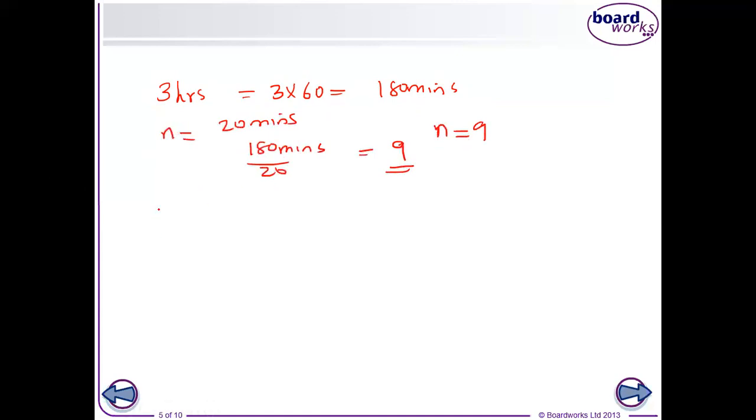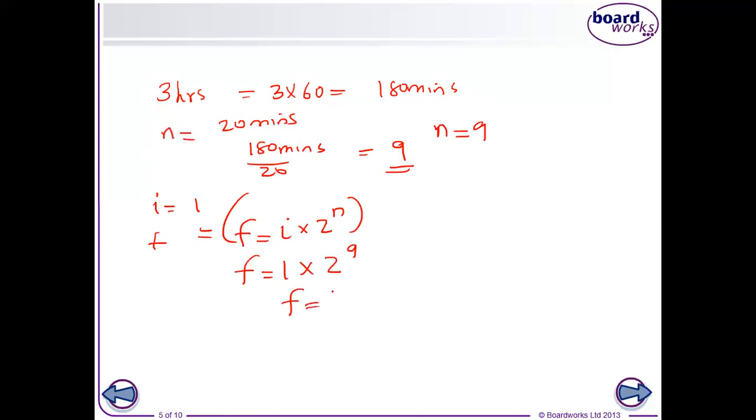So since we've got n to be 9 and I is still 1, then we're looking for F. The same equation. F, which is the final number of the bacterium, is I times 2 raised to the power of n. Remember, F is going to give you I, which is 1, times 2 raised to the power of 9. If you don't have a calculator to solve this, you can just say F equals 2 raised to the power of 9, because 1 times 2 raised to the power of 9 is 2 raised to the power of 9.